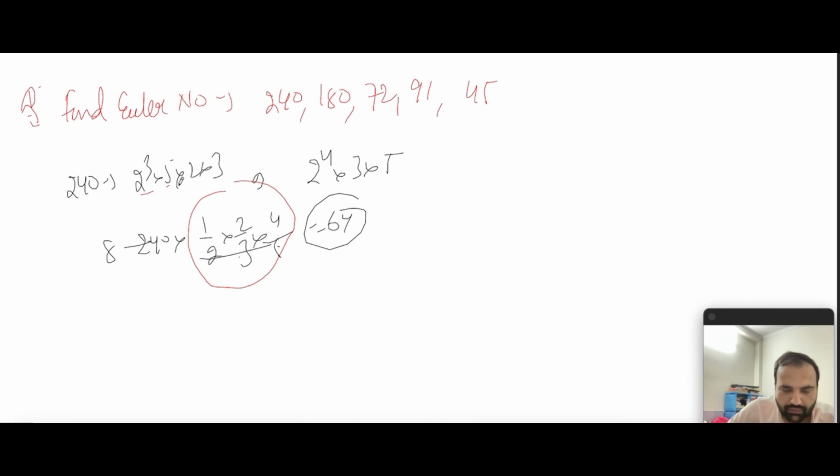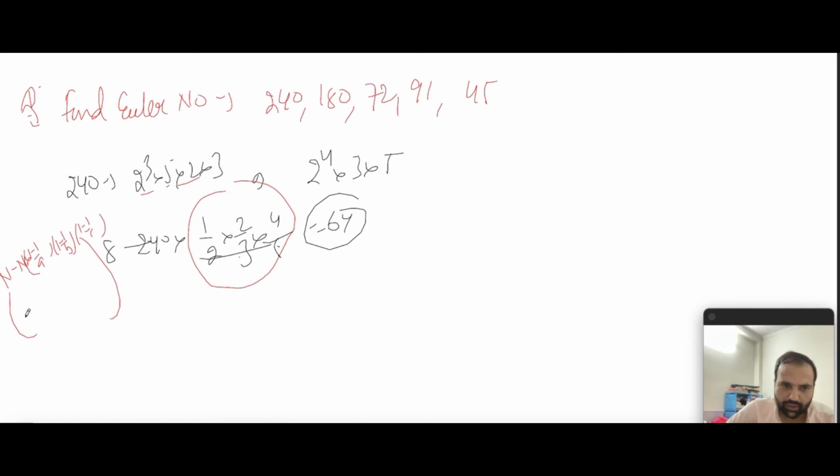Okay, how did we get this part? Again, these are the prime factors. What we learned in the last slide is that if n is the number and we need to check the co-primes, it would be n into 1 minus 1 by a, 1 minus 1 by b, 1 minus 1 by c.